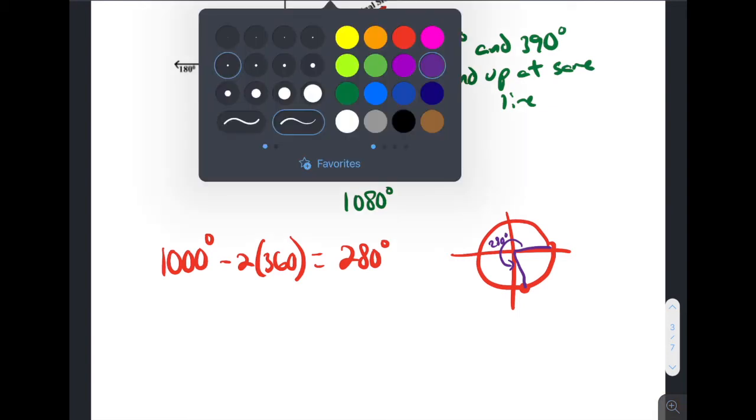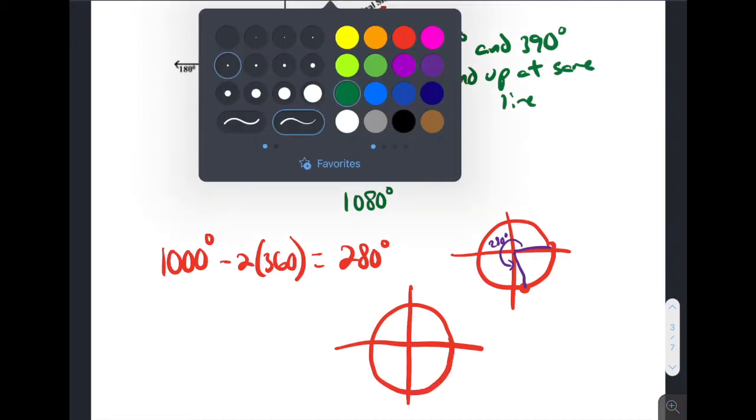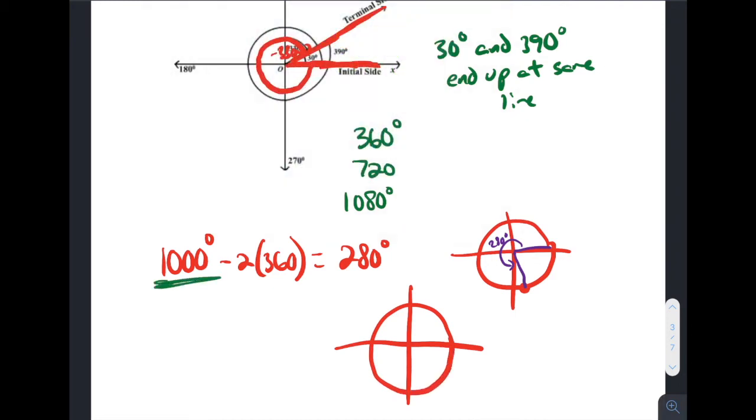My argument is that these are coterminal. They're going to end up in the exact same spot. If I draw another unit circle, and I draw now in green for this 1,000 degree angle, if I started on this line that we've got right here, I would go around the circle once, twice, and then I would keep going until I got to this exact same line.